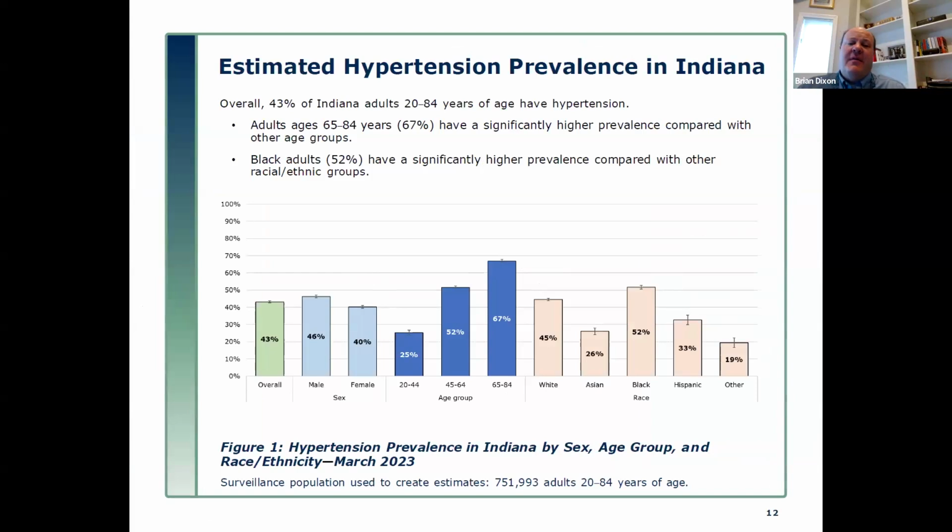Moving data through the system allows us to create population level reports. So here's an example of estimated hypertension in Indiana overall, by sex, by age group, by race. It allows us to look at trends and patterns in the information, so that public health can better understand who's living with this chronic disease in the community.